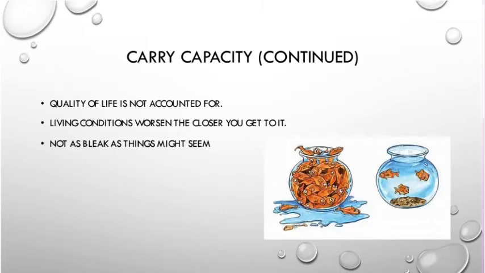So even if you're not hitting that carrying capacity, life can get worse the more people are on the planet. And it also doesn't account for the fact that supplies aren't equally distributed. So people who are rich will have access to more resources than people who are poor. So even if we don't hit that carrying capacity limit, the poorer people may suffer.